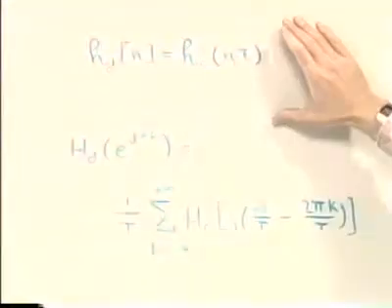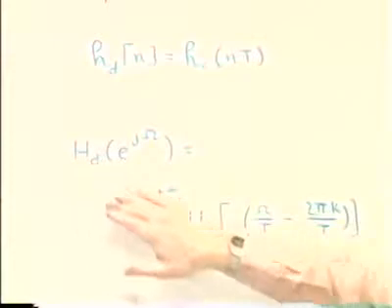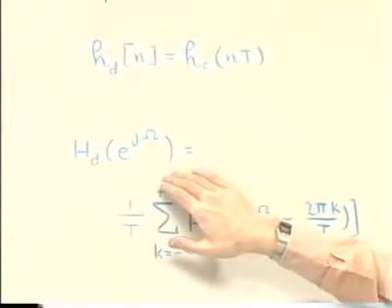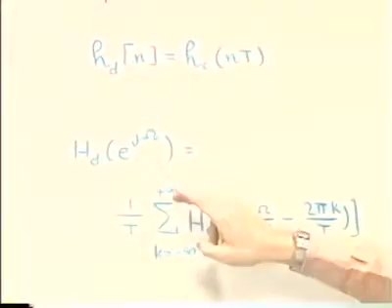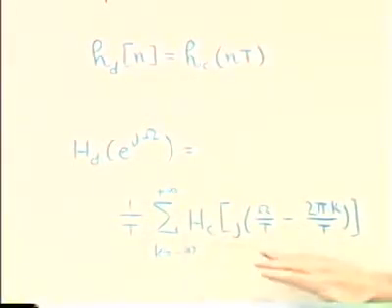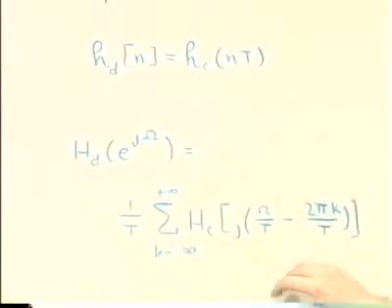Now, remembering the issues of sampling, the discrete time frequency response, since the frequency response is the Fourier transform of the impulse response, is related to the continuous time impulse response, as I indicate here.